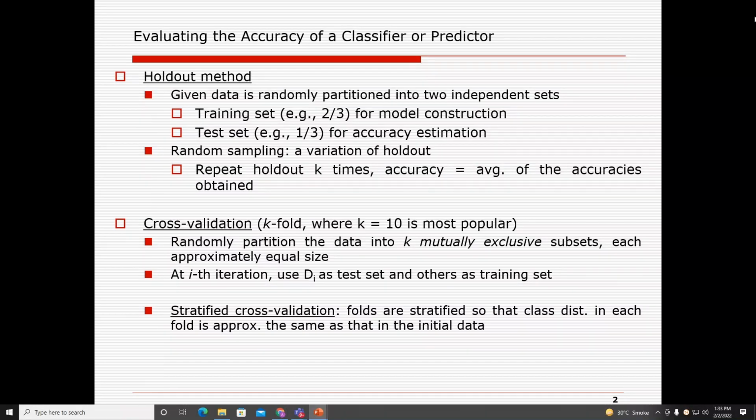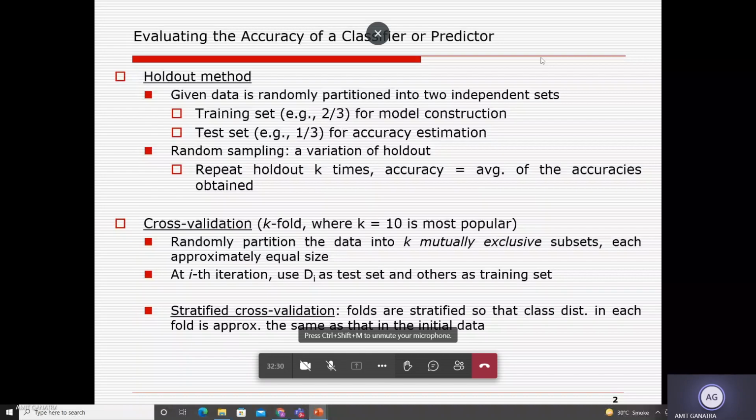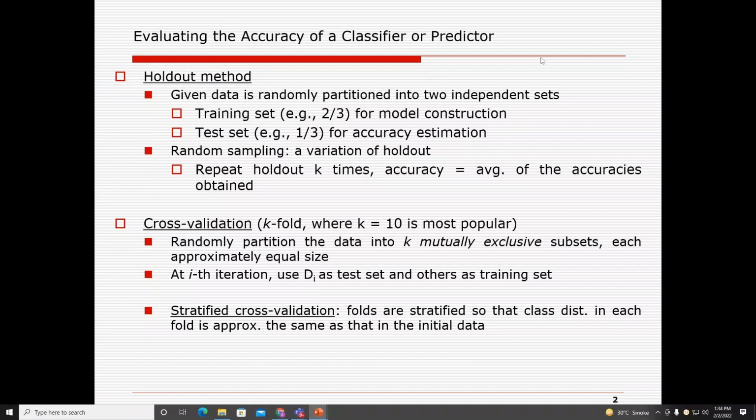First is the holdout method. Basically, either you can supply 100% of the records for training, with which you train your classifier, or you can follow the holdout method. This is where you hold out 1/3 of the records for testing and supply the remaining 2/3 for training.